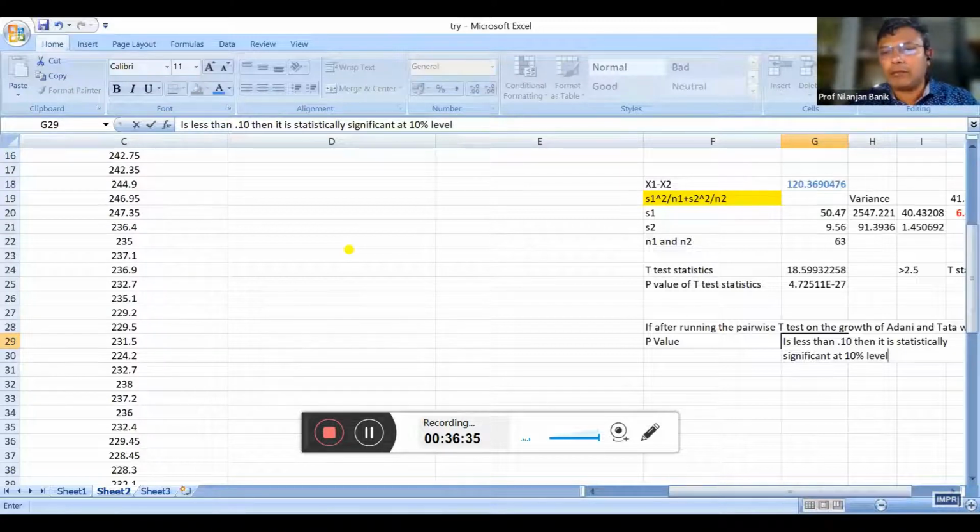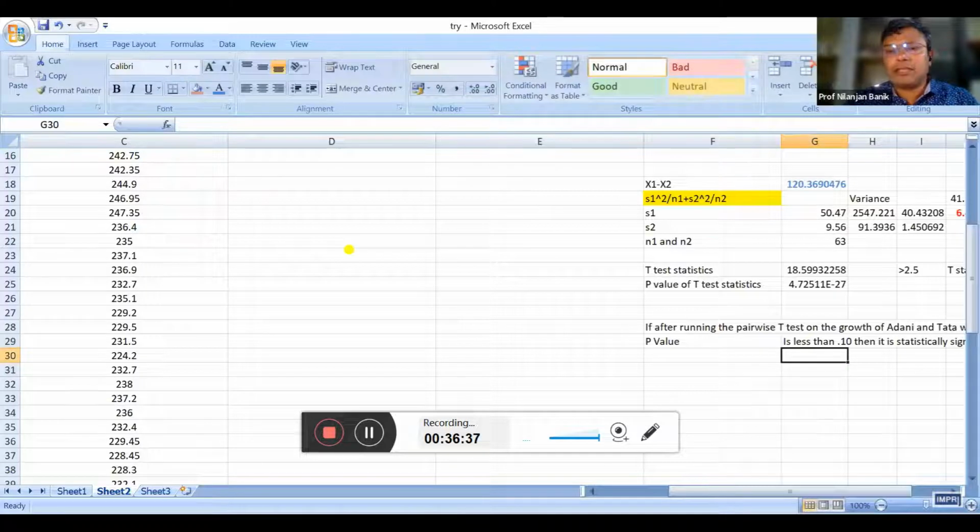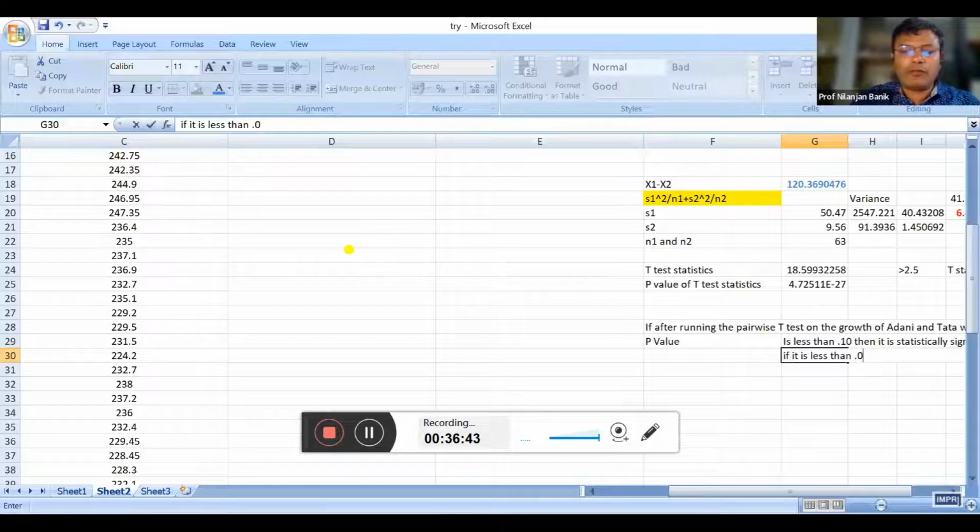I'll again come back to the p-value. If it is less than 0.05, then it is statistically significant at 5% level.